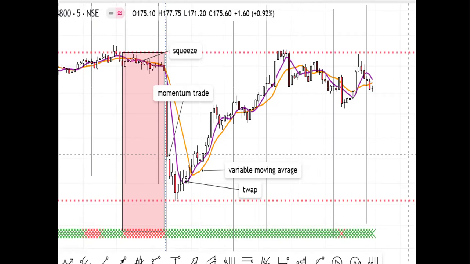See, for the variable moving average, the length is tweaked to 10 periods, 10 back candlesticks, and TWAP is tweaked for 5 periods.